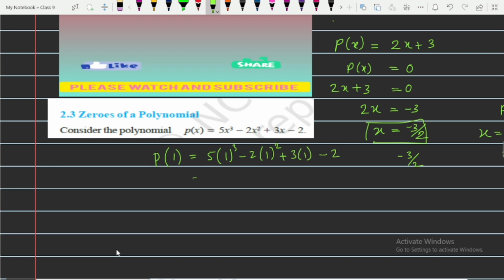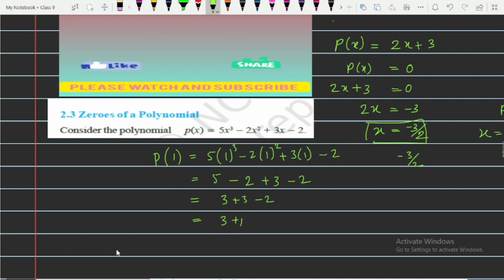Now what will we get? 1 cube is 1, 5 into 1 is 5, minus 2 into 1 square, again 1, is minus 2, plus 3, and here minus 2. So here we will get 5 minus 2 plus 3 minus 2, and the answer is 4.